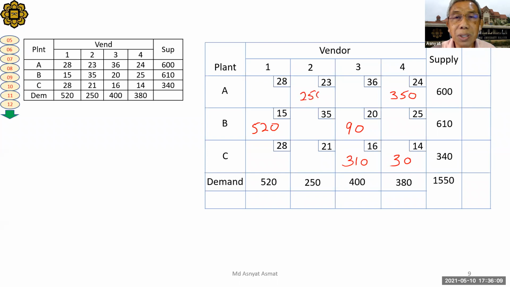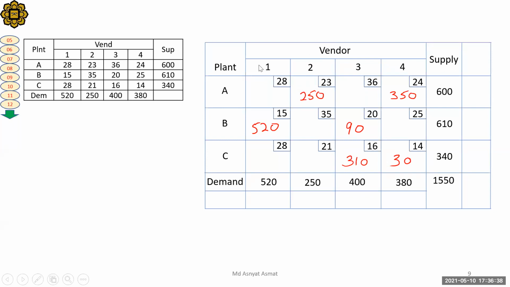Okay, I forgot to mention, every step you have to check n plus m minus 1. What is n plus m minus 1? Number of origins plus number of destinations minus 1. That is 3 plus 4 minus 1, which gives 6.